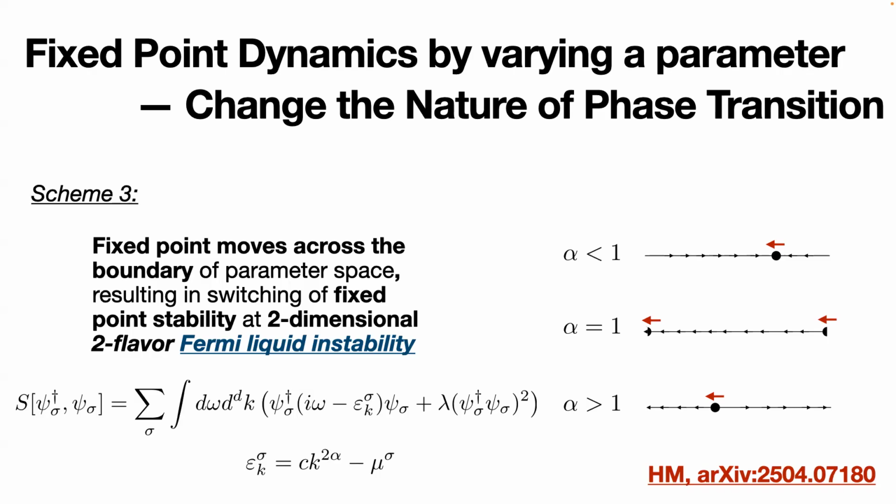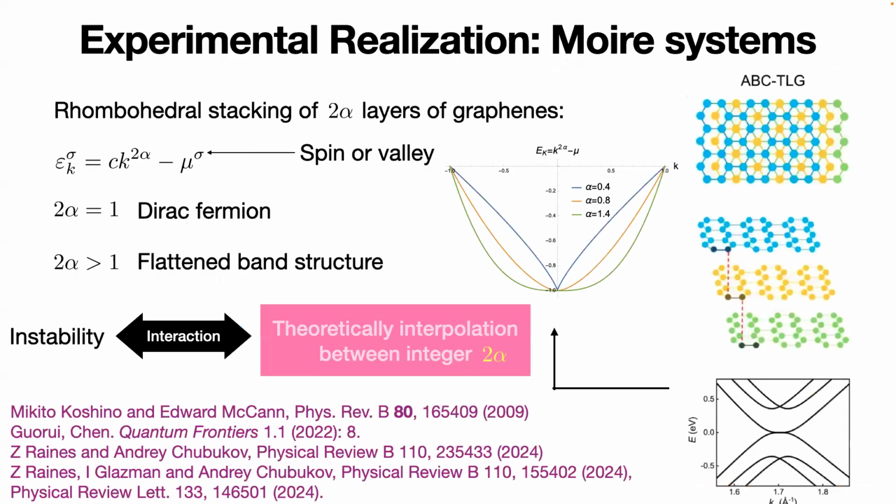Okay, let me say a few words about why we want to study this type of dispersion. Recently, we are all very excited about moiré systems. It is a stack of graphene layers, and the layers can be stacked in various ways to realize different phases of matter and phase transitions.